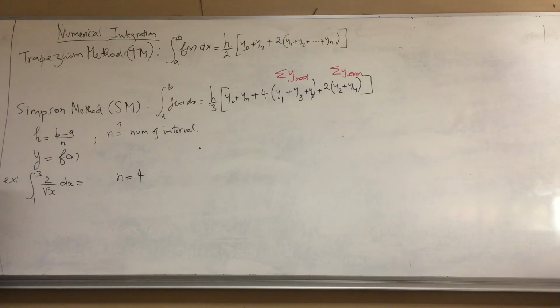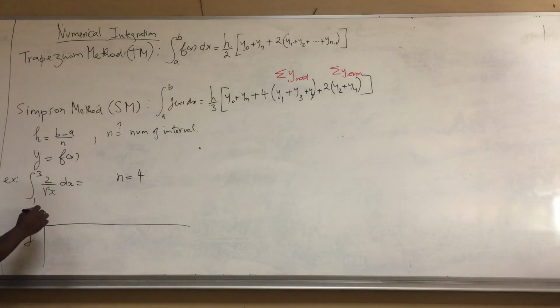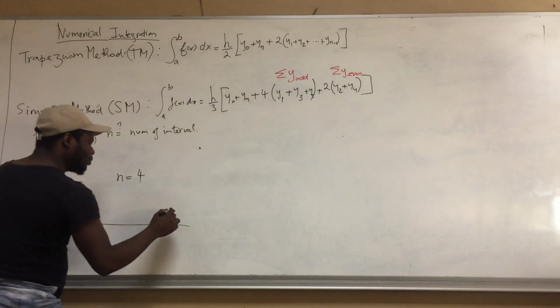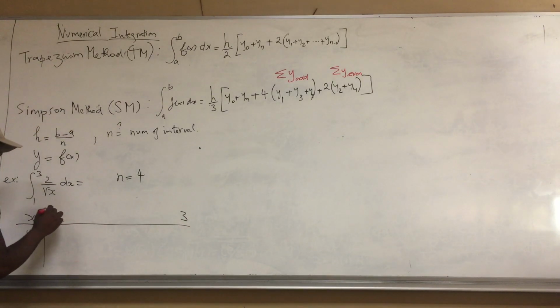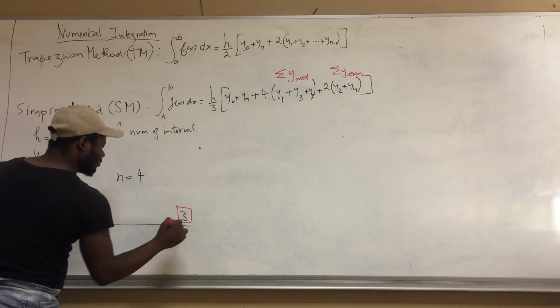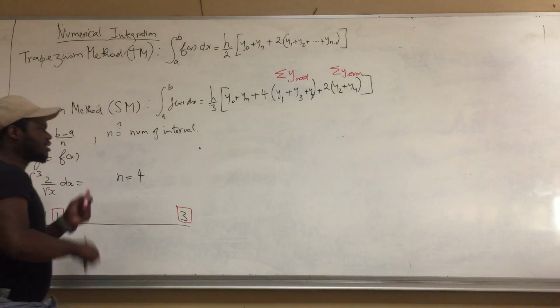Number one, we have to draw the table. I have x, and then I have y. Our limits are 1 and 3. First we have to find h.